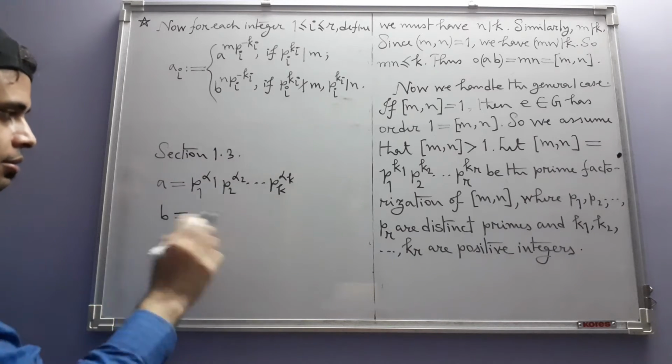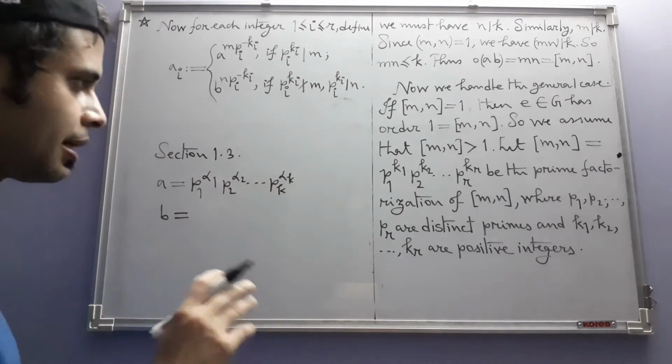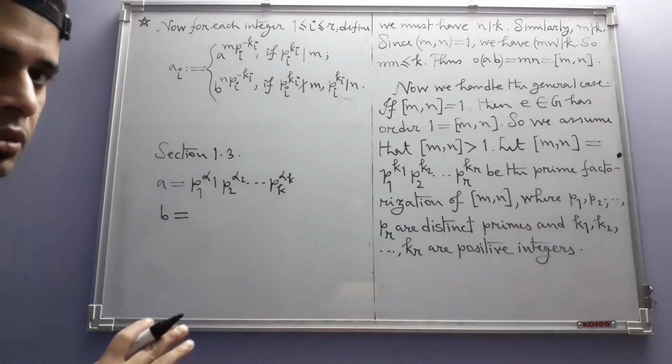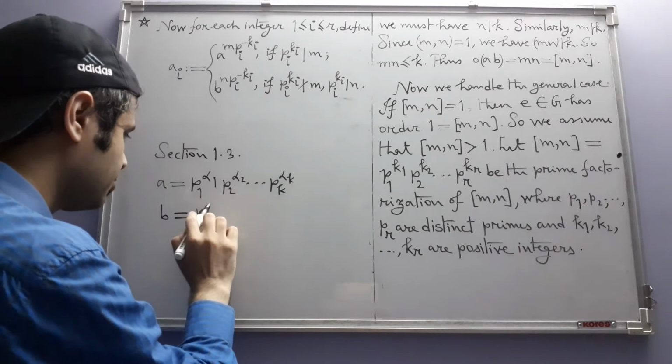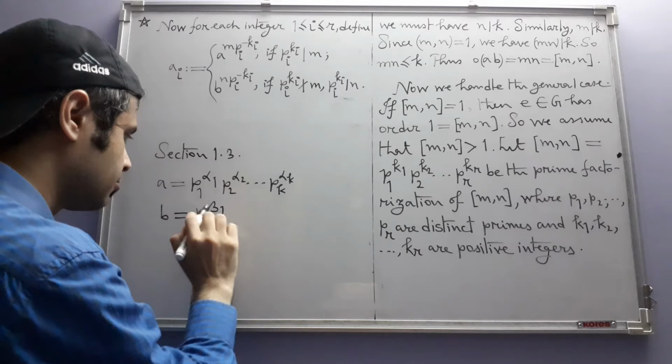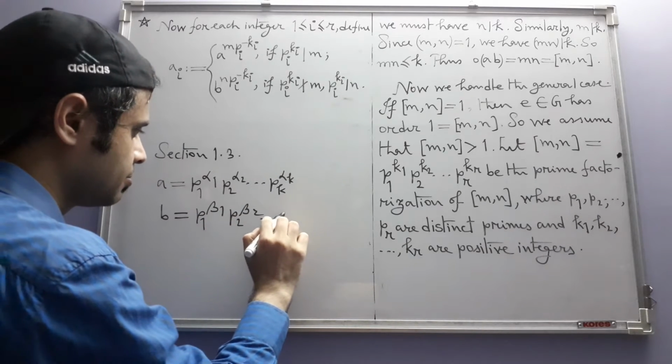This is the prime factorization of A, and the alpha i's are not necessarily all positive, they are non-negative, and the prime factorization of B is, say, this.